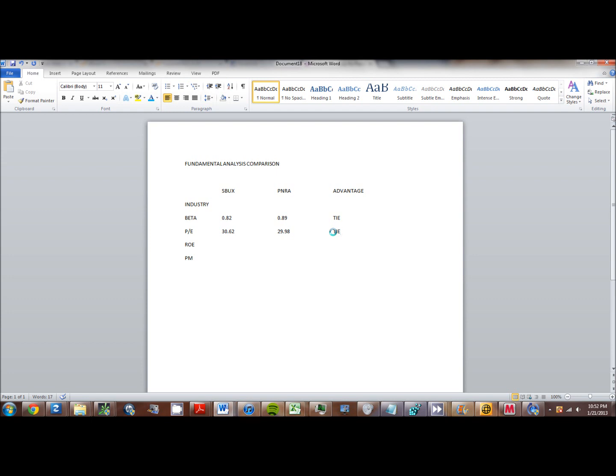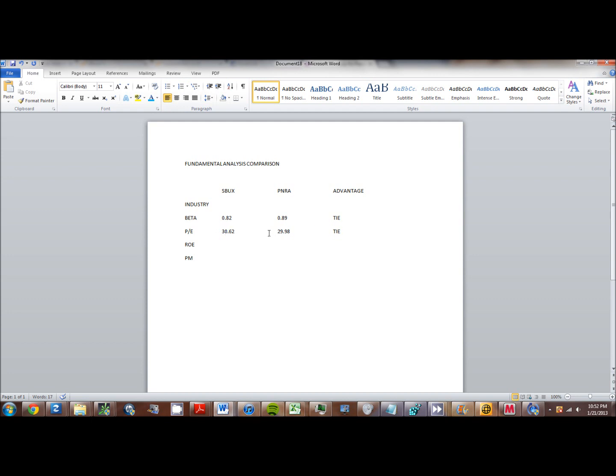So Starbucks has a PE of 30.62. So I've got to pay a little over $30 in terms of share price to get a dollar back in earnings. Whereas with Panera, I've got to pay a couple cents under $30 for a dollar back in earnings, right? Remember, the higher the PE ratio, the more expensive the stock; the lower the PE ratio, the cheaper the stock.